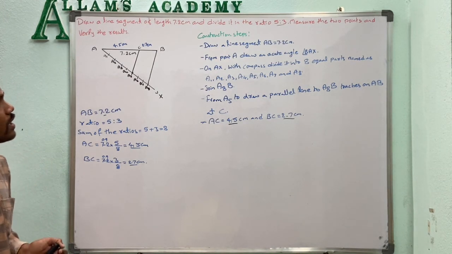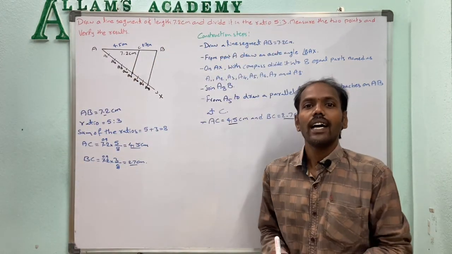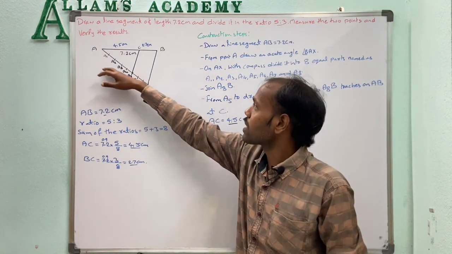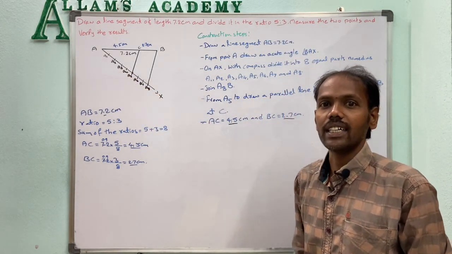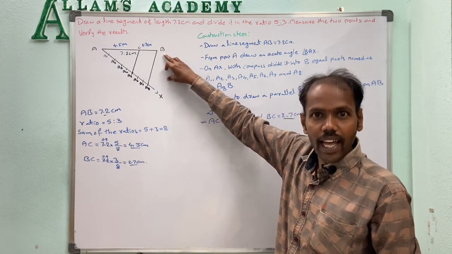Okay, so in this model, a line segment is given and we divide it in a ratio: the sum of the ratios is the number of parts we have to take, and we join the last point to the opposite end of the given line segment.